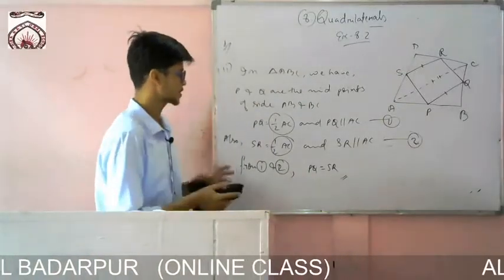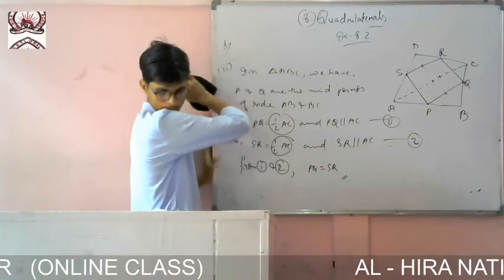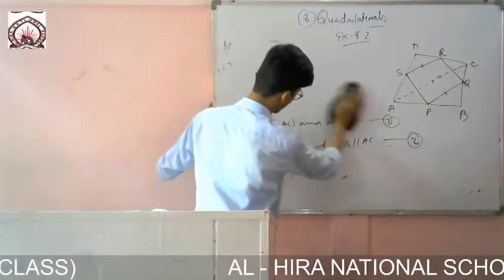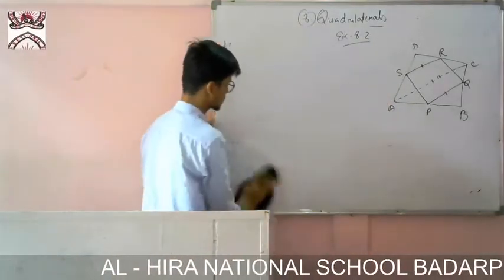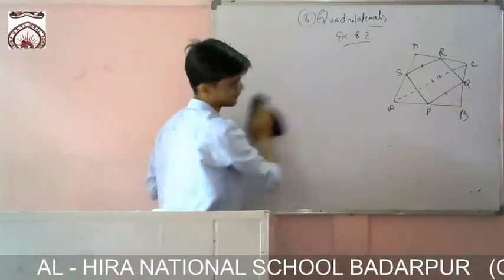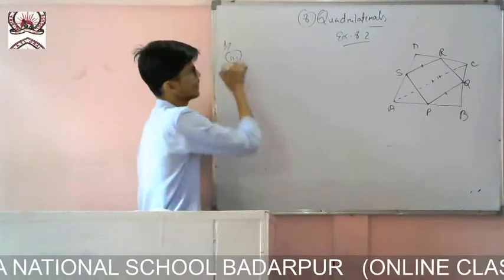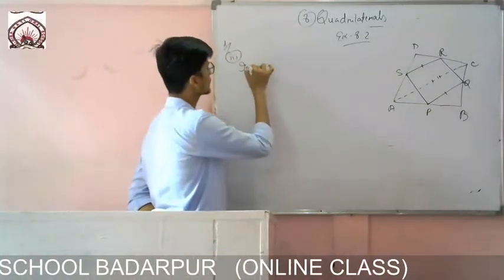Now Roman number 3. I have to show that this PQRS is a parallelogram. So we proved some things, and we'll just use them and find it. So Roman number 3, what is there in triangle ABC?